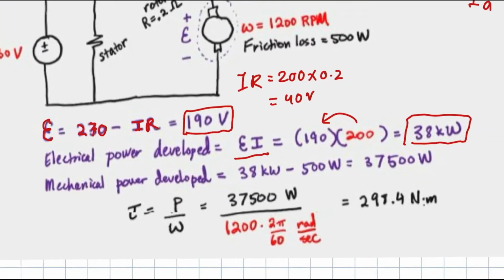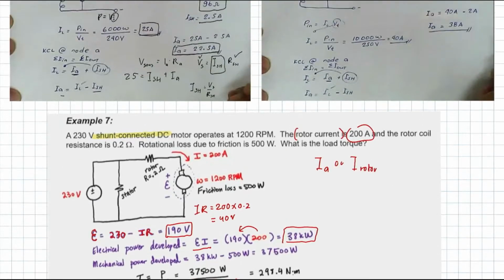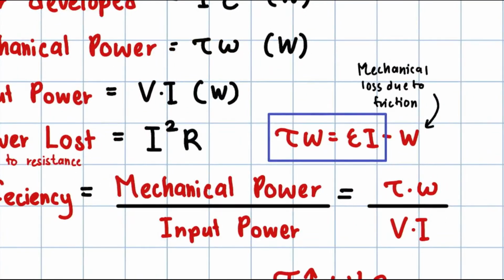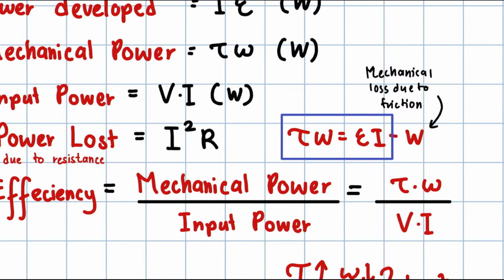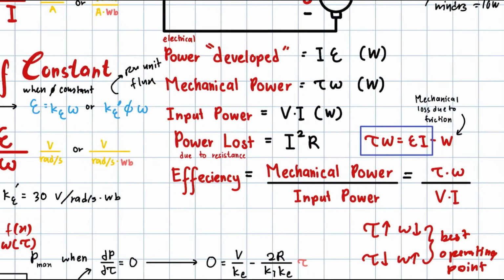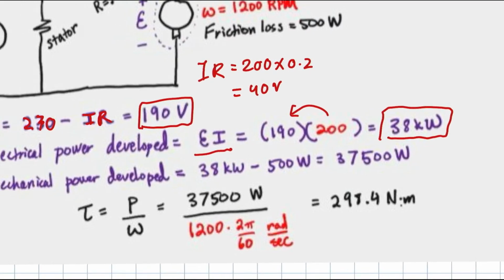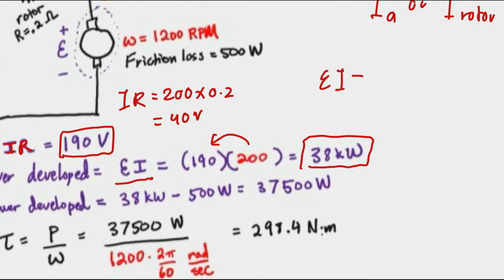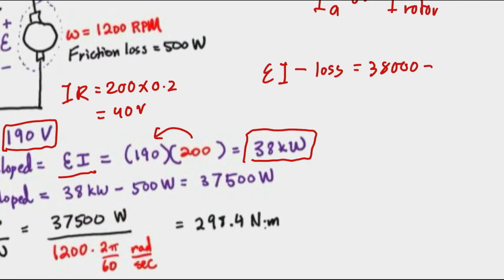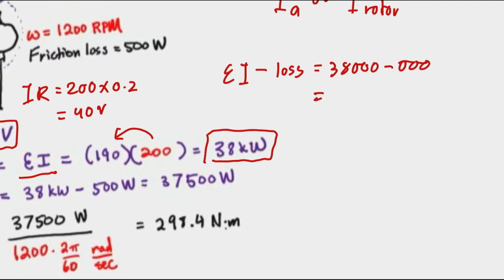The mechanical power is like what we said earlier: if there is loss due to friction, we subtract it from EI. So EI is 38 kilowatt minus the loss of 500 watt, which gives 37.5 kilowatt.